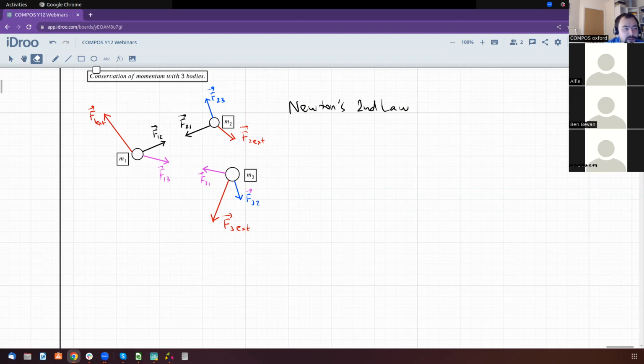Newton's second law is mass times acceleration equals resultant force.